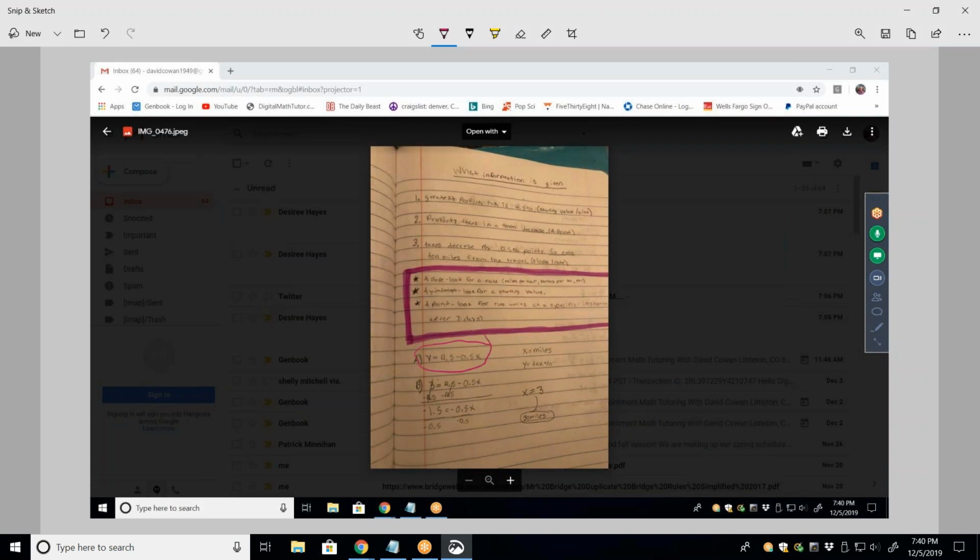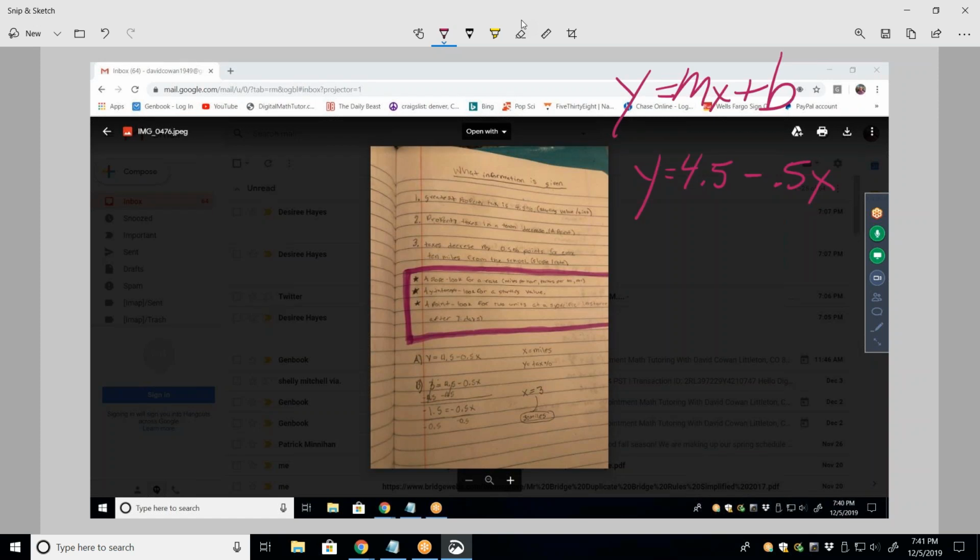Here, let me write it. y equals 4.5 minus 0.5x. Now, believe it or not, that is in y equals mx plus b format. It's just they've got the two terms reversed.